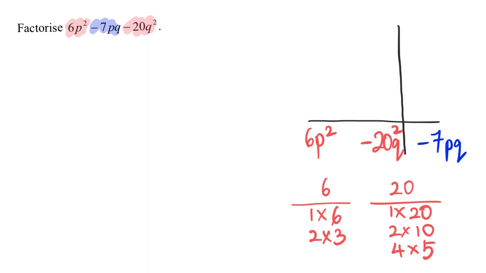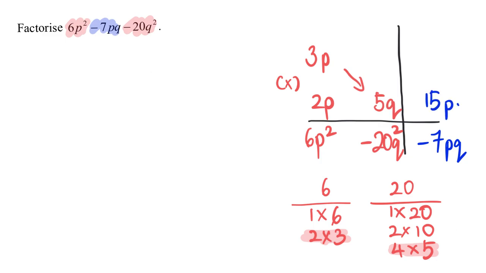And if I choose these two pairs, 3p multiplied by 2p, and in order to get negative 7, I realized that I could have a 15pq and a 8pq.